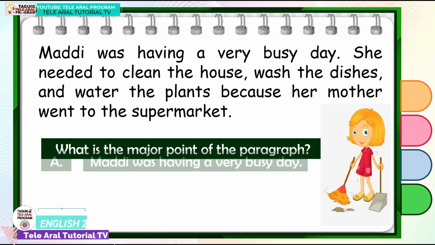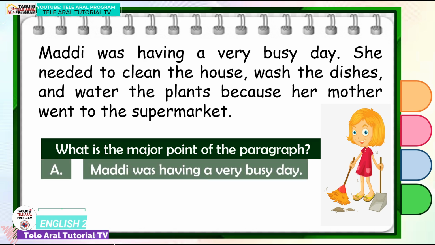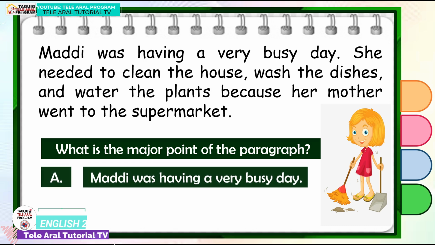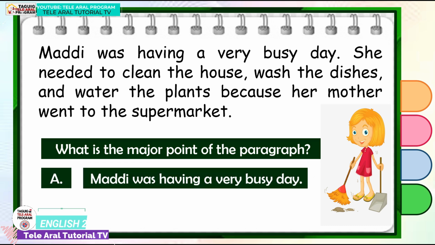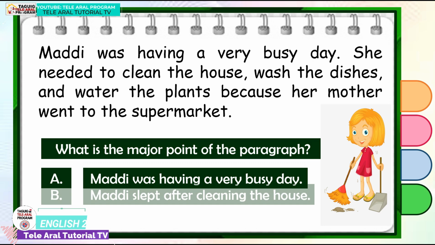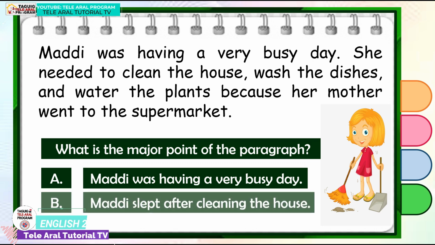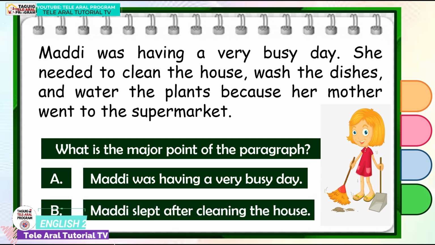What is the major point of the paragraph? A. Maddie was having a very busy day. Or letter B. Maddie slept after cleaning the house. If your answer is letter A, Maddie was having a very busy day, then you are correct.